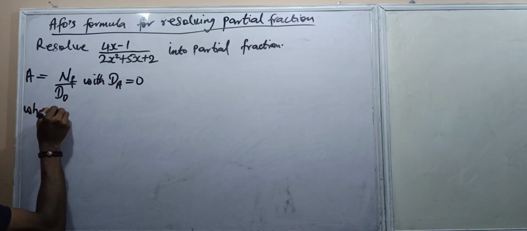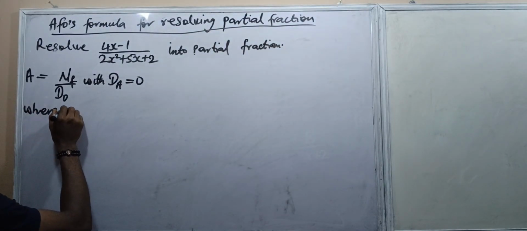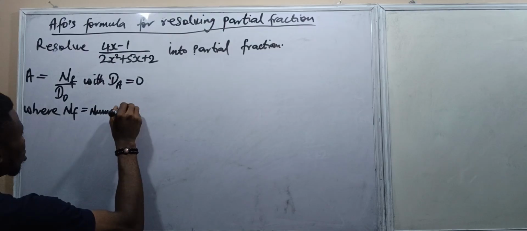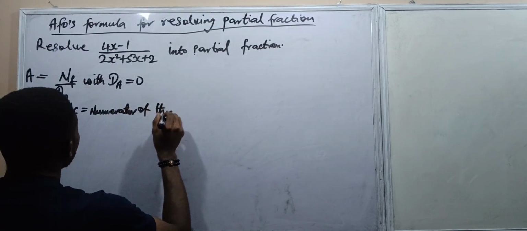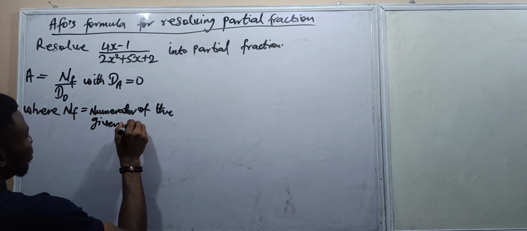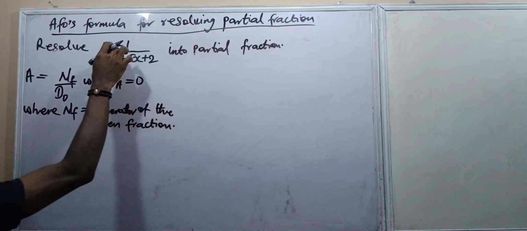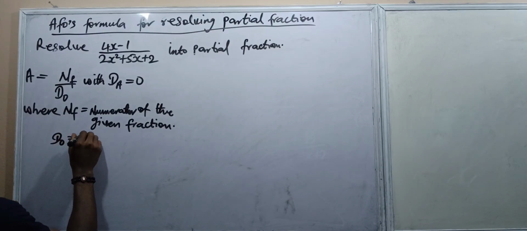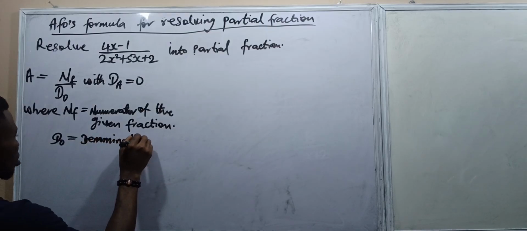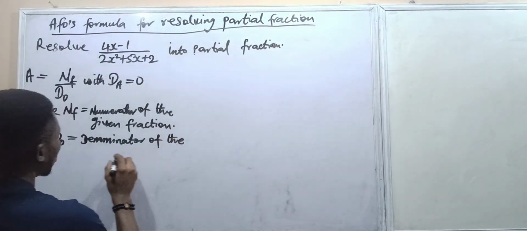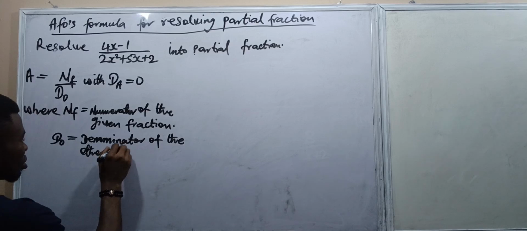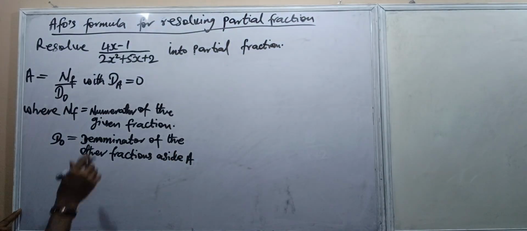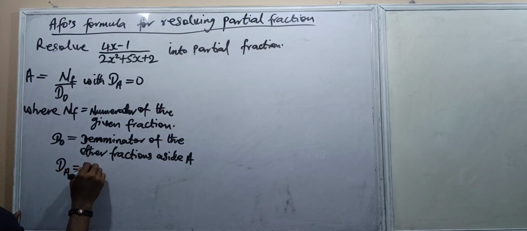Where N of F is equal to the numerator of the given fraction, and G of O is the denominator of the other fractions aside A, and G of A is equal to the denominator of A.